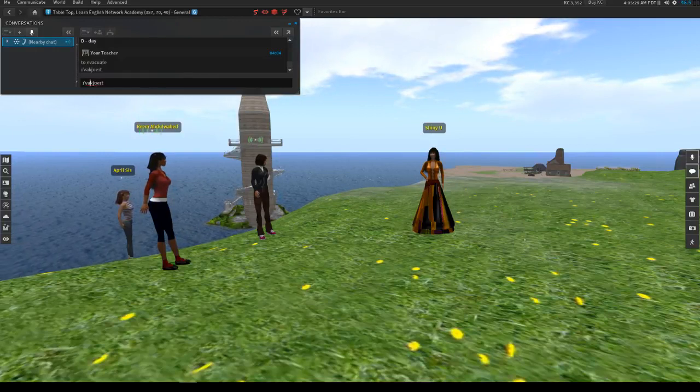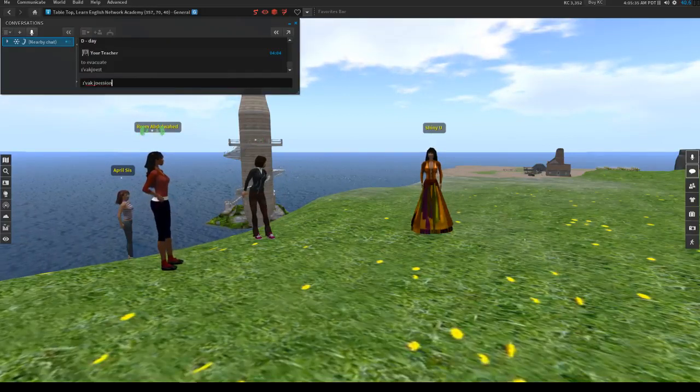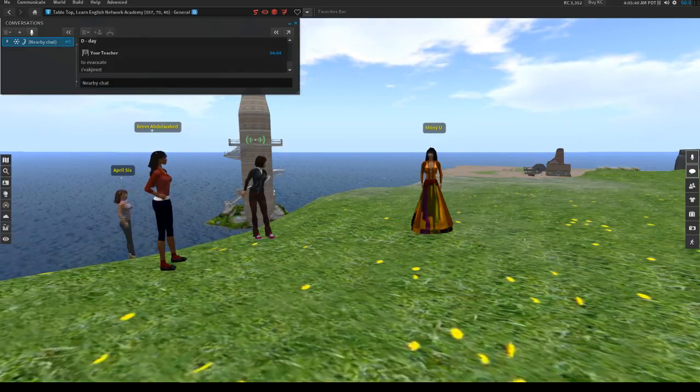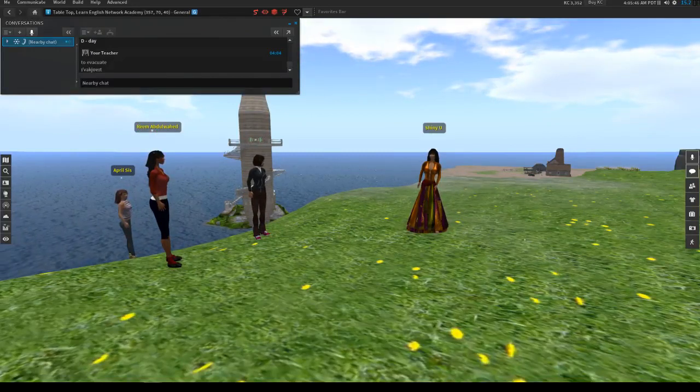Evacuate. That's it. So then you have evacuation. You're nearly there. Practice that one a bit. Not bad at all. Well done.